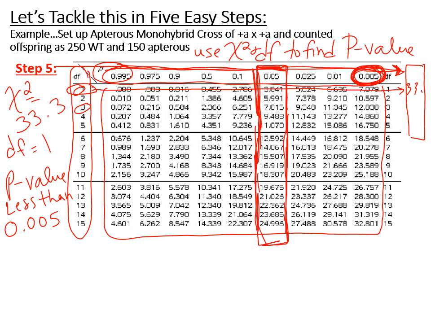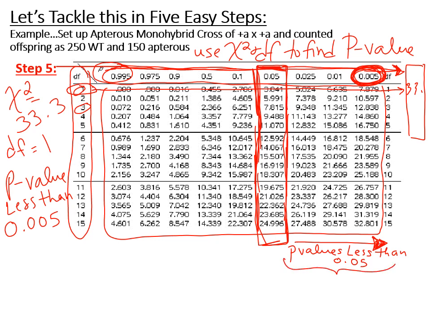The reason that number is so important is that when you end up with a p-value less than 0.05, remember, p-values get smaller as we go to the right, so any of those p-values less than 0.05, then you would reject your null hypothesis.